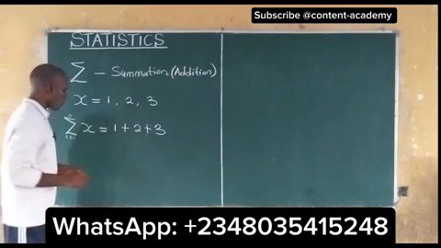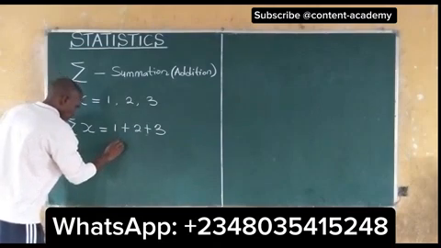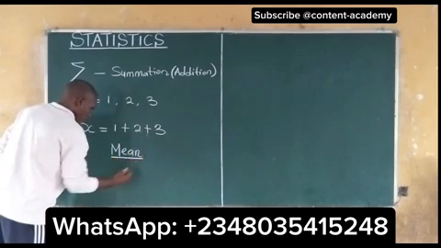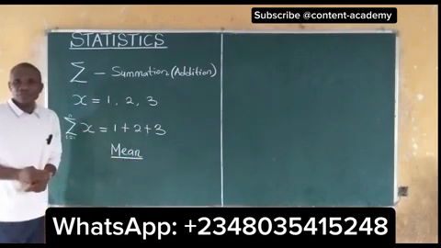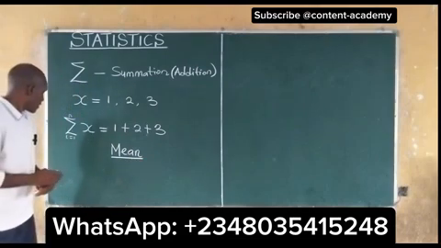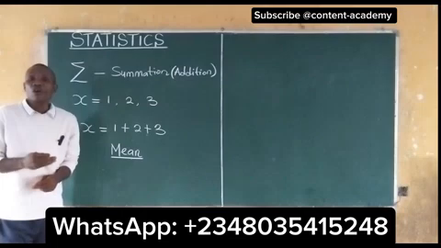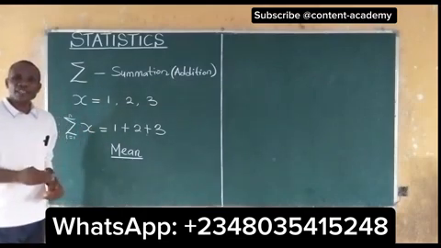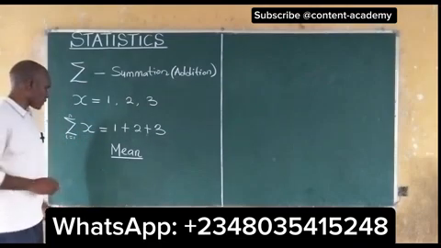Also, we talk about what is called the mean. The mean can be defined as the summation of all possible data of a data set divided by the number of that data set.